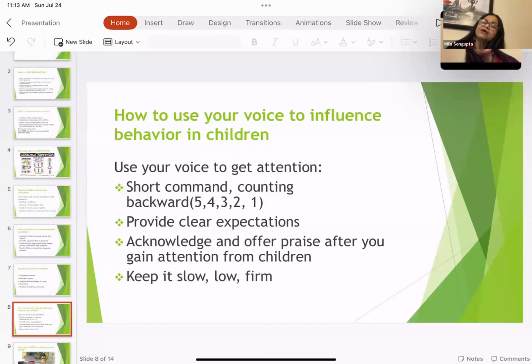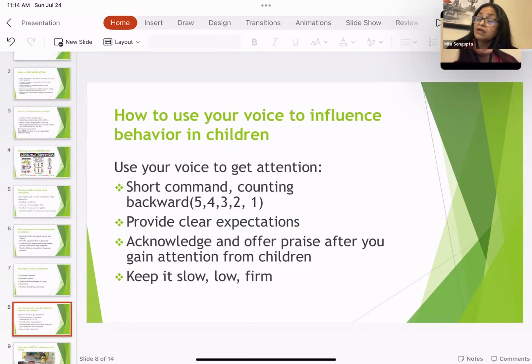And one of the other rules that I would like you to always practice and follow is to be slow, keep your voice low, but at the same time, stay firm. Your voice should be firm, because the message should be very clear. You don't have to keep on repeating yourself. And in order to be helpful and effective, you can use different ways of communication.